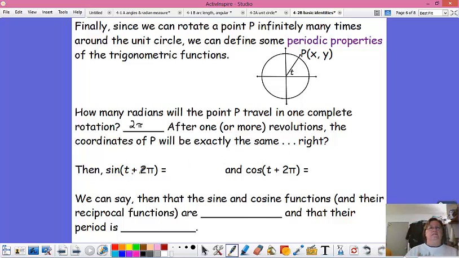So the sine of t plus a full revolution is equal to the sine of t, and the cosine of t plus a complete revolution is the same as its cosine. You can say then that those things, sine and cosine and the reciprocals, are periodic, that is, they repeat, and that their period is 2 pi radians.